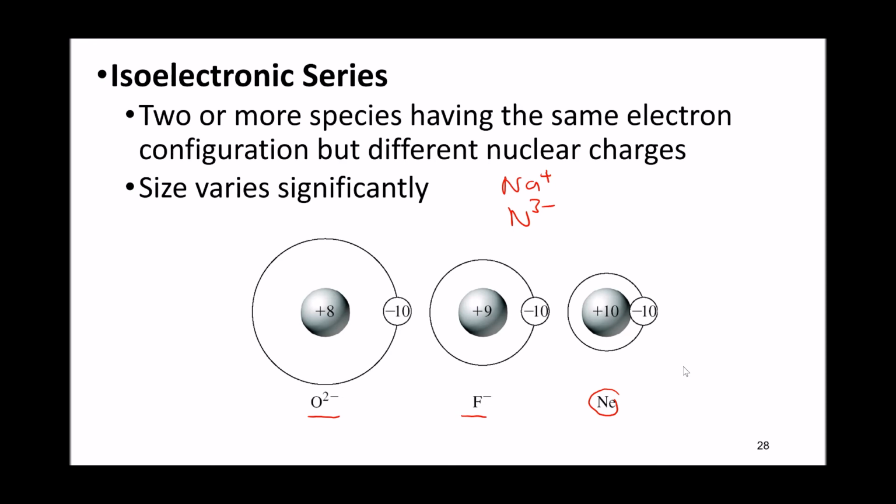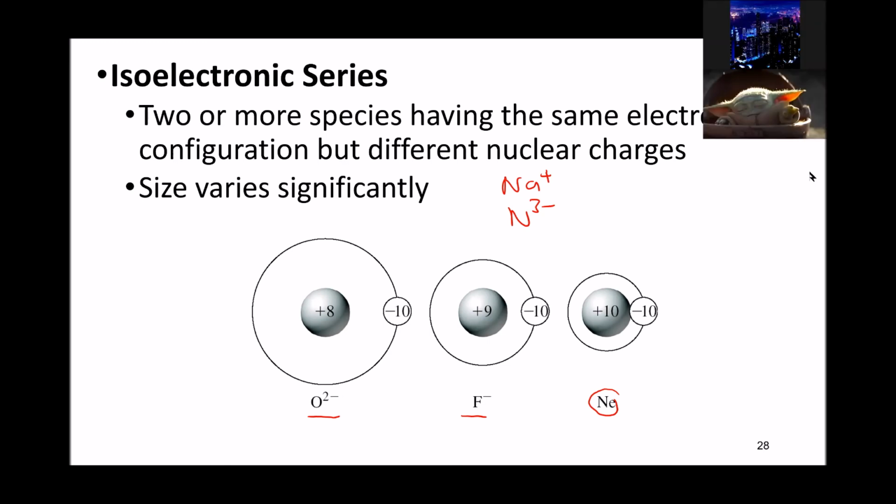For the neutral atom, it's 11 because the atomic number is 11, right? Atomic number is the number of protons, or the number of electrons in a neutral atom. So when you make a 1 plus charge, how many electrons will it have? 1 plus means that you removed 1 electron. So it will have 10.